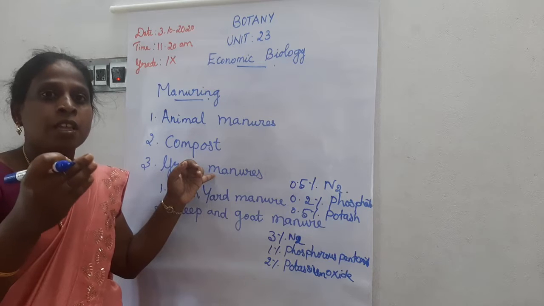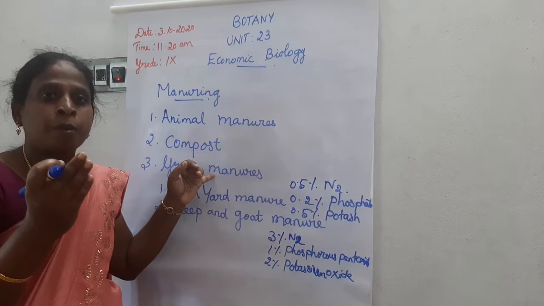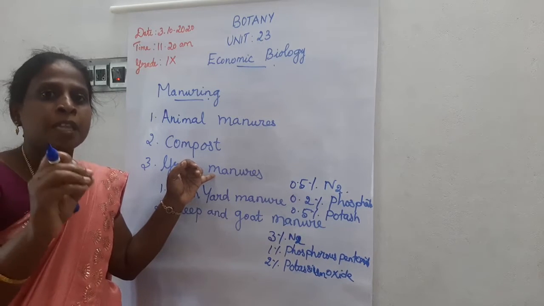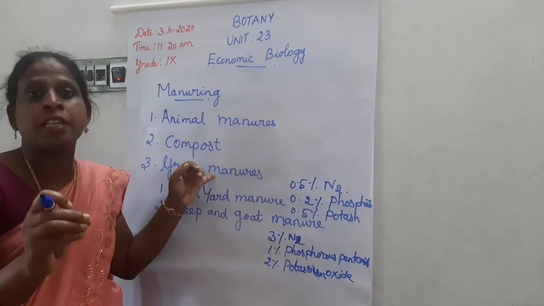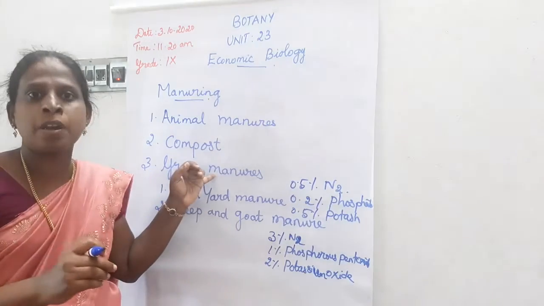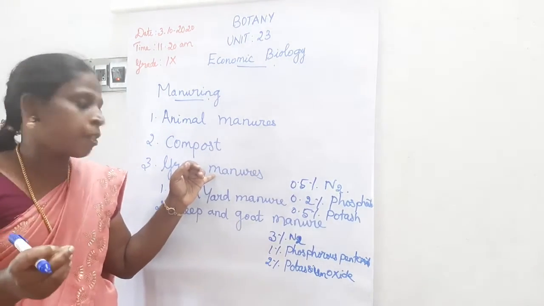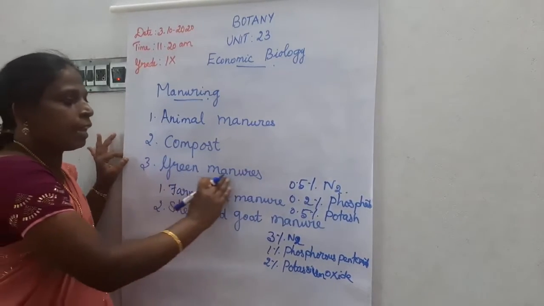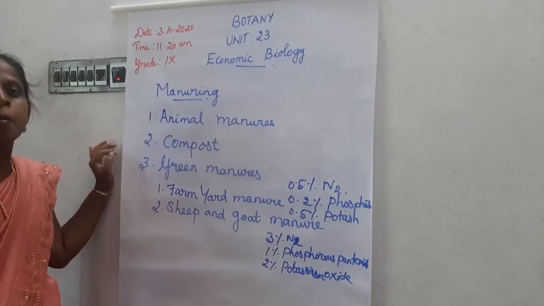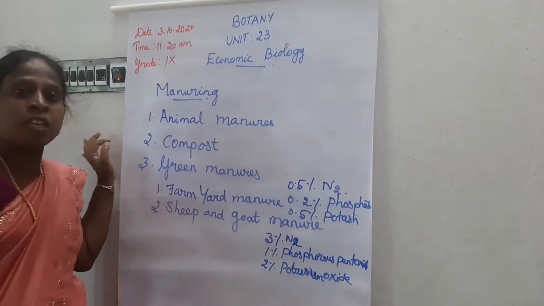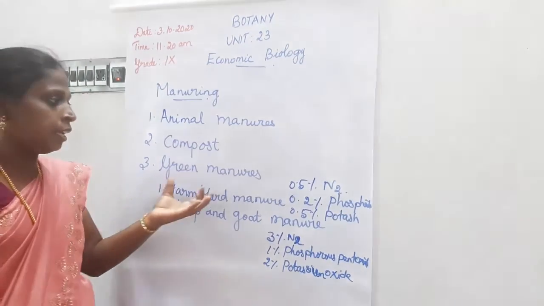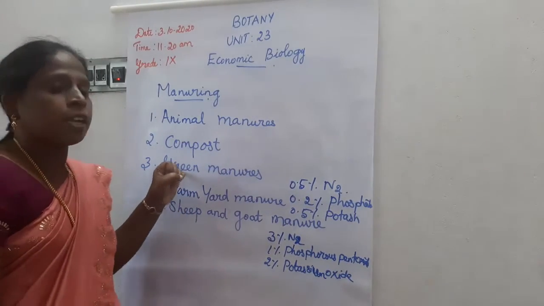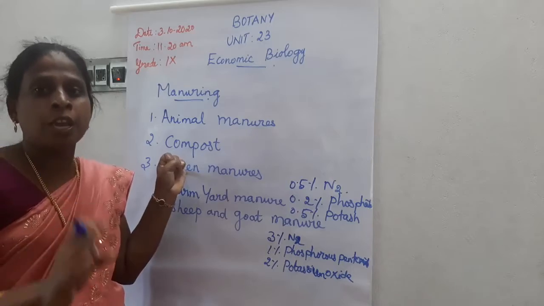These manures are obtained from undecomposed green plant materials present in leguminous plants, for example sunhemp, sesbania, etc. So they are green manures. Green manures are very important because they enrich the soil structure, have the capacity to hold water, and also reduce soil erosion.